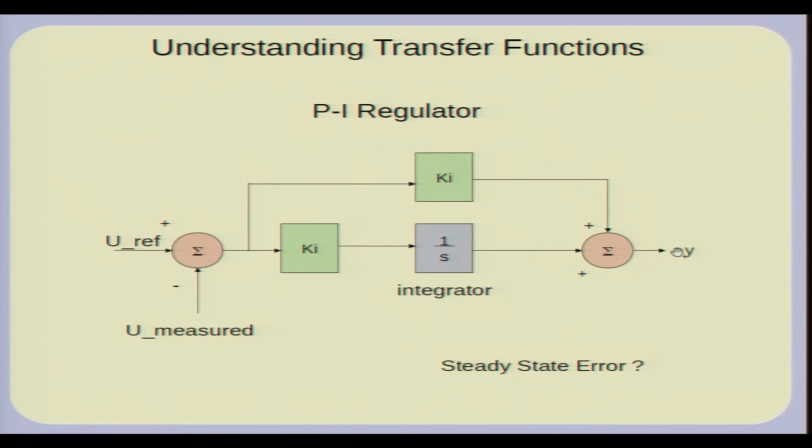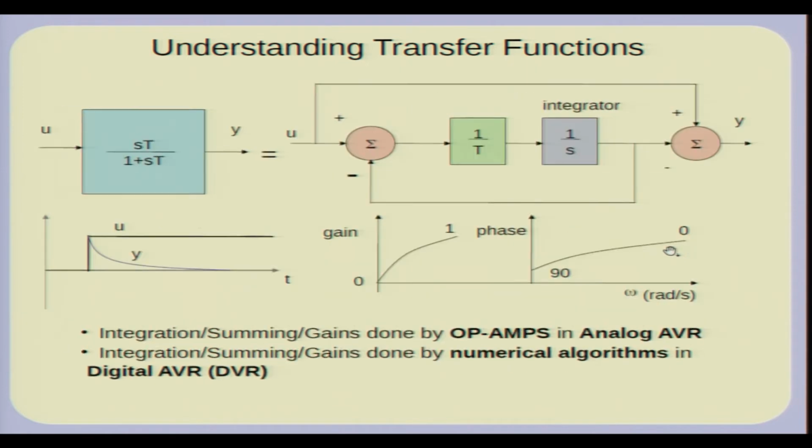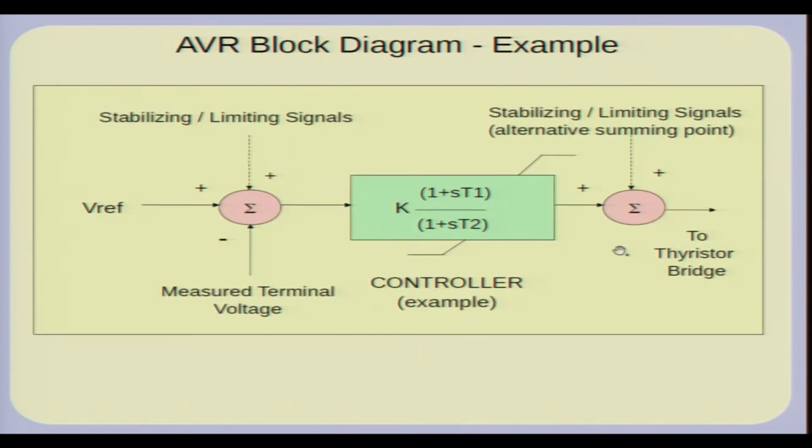This may be in cascade with some lead lag block, like how I had shown you here. This is what is known as a proportional controller. It gives an output proportional to this error. It is a proportional controller in cascade with a lead block. Lead or lag depends on whether T1 is greater than T2 or T2 is greater than T1.